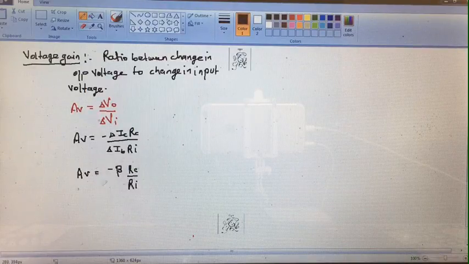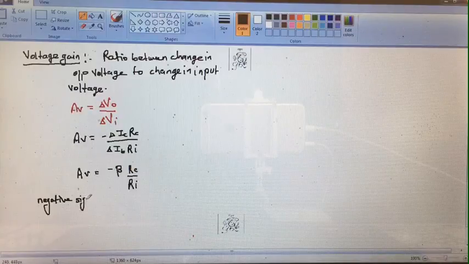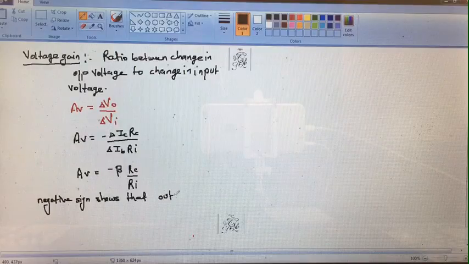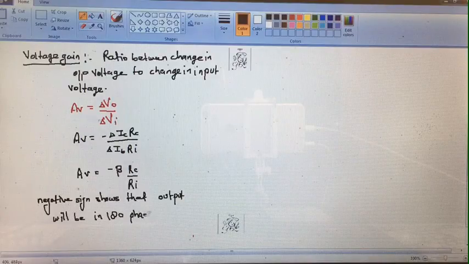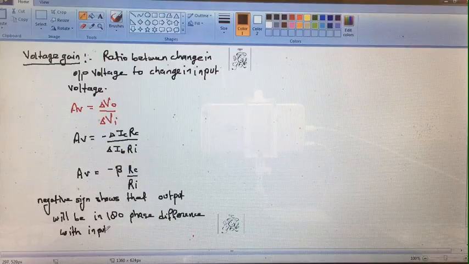Here the voltage gain is negative, so minus sign or negative sign, so that the output will be in 180-degree phase difference with input.